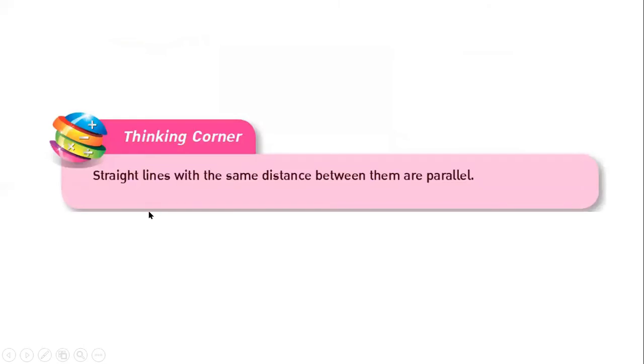So, from what we have seen, you should be able to understand that straight lines with the same distance between them are parallel. When you have two straight lines and the distance between them is equal, then we say that those two lines are parallel to each other.